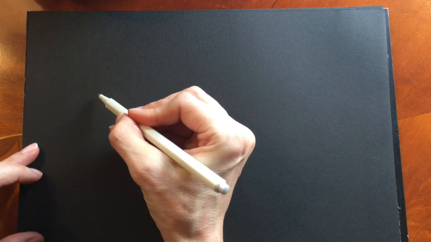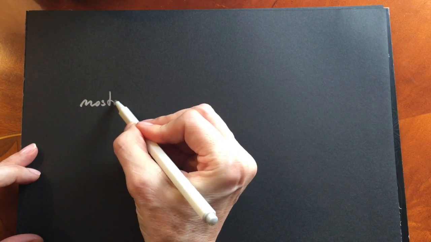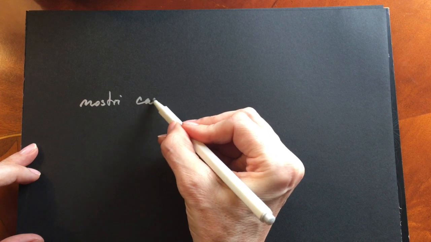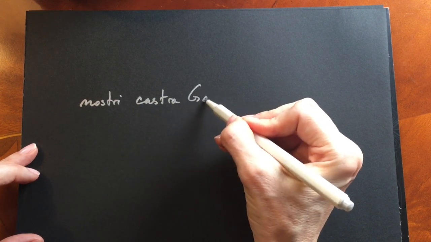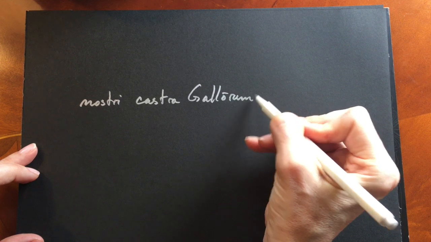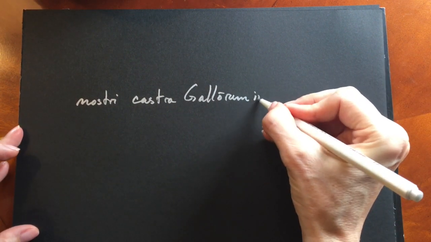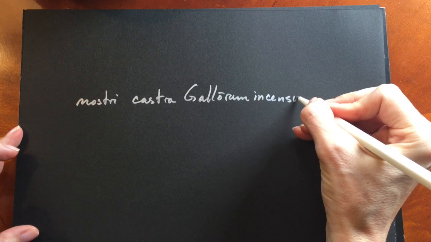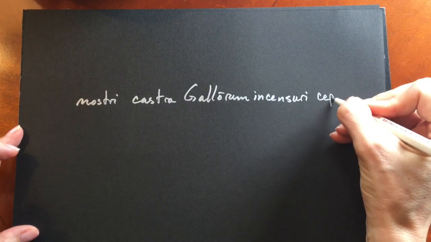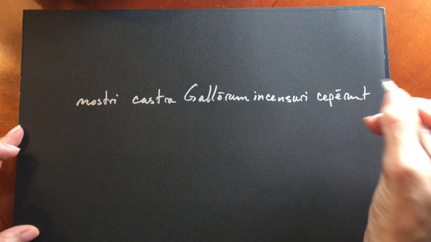The last participle we're going to look at is the future active participle, where the action of the participle happens after that of the main verb. Nostri castra gallorum incensuri ceperunt.